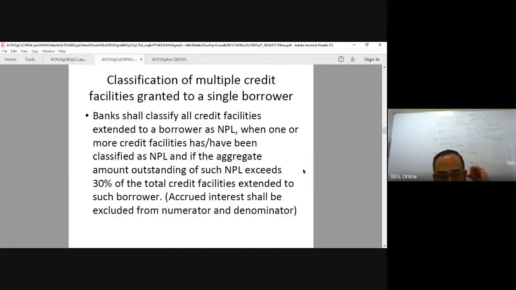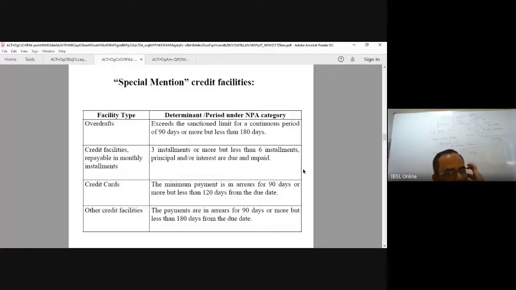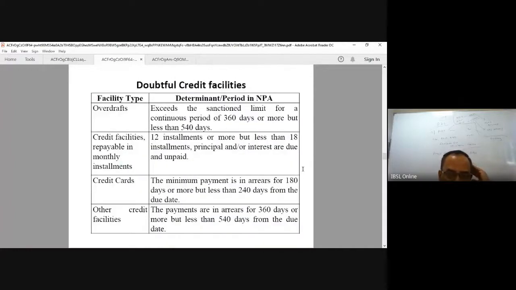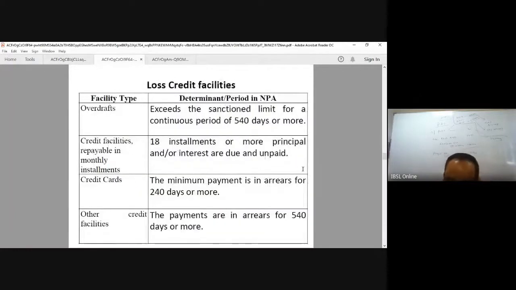If 30% of the total credit facilities become NPA, the entire amount has to be NPA. Then we looked at the classification within NPA: special mention account, substandard, doubtful, and loss categories.